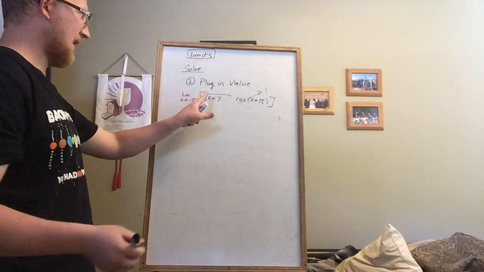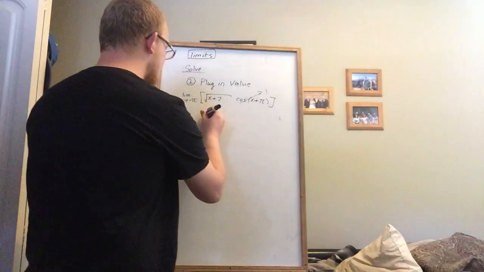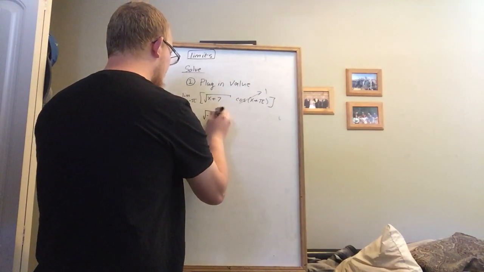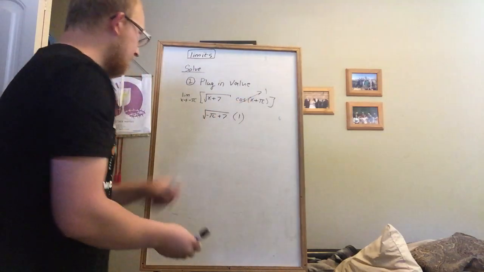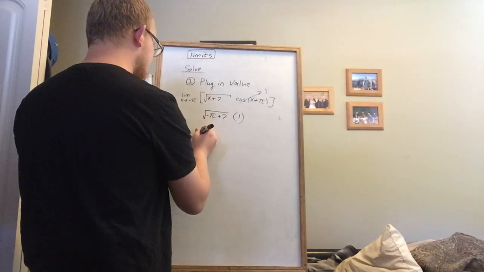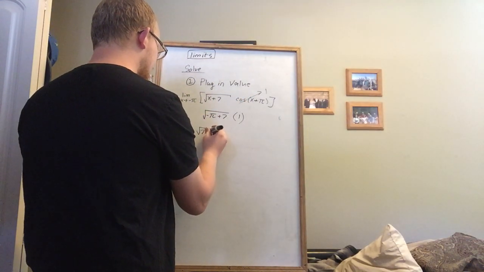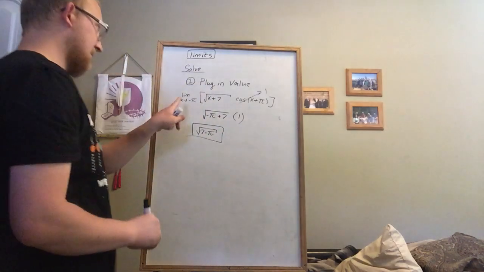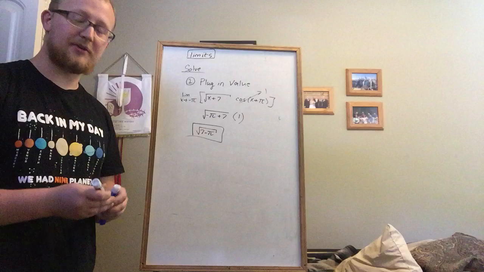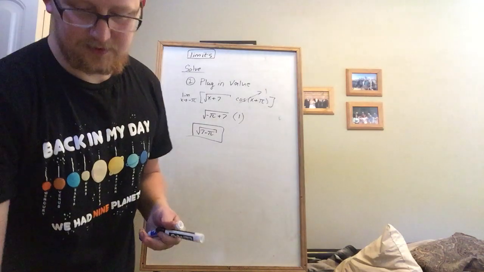And then we'll plug in negative pi for this x as well, and we'll end up with negative pi plus 7 times the 1 out here. And it turns out this is just the square root of 7 minus pi. This is the limit of this. And so that was as easy as plugging in.